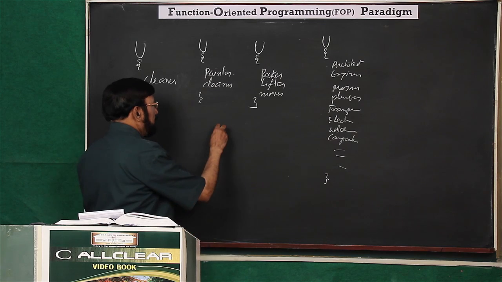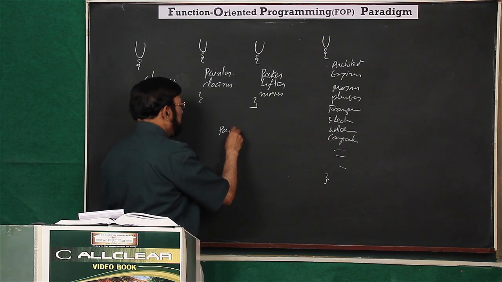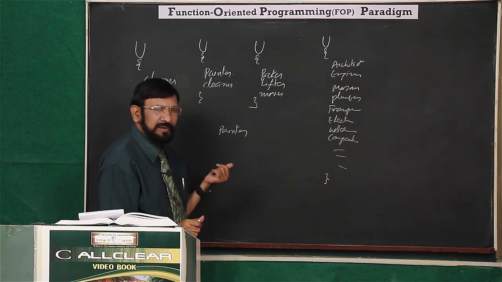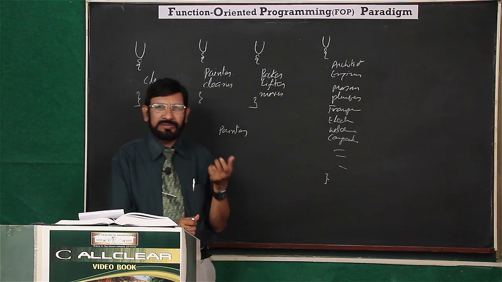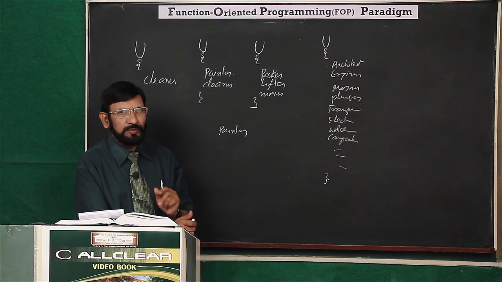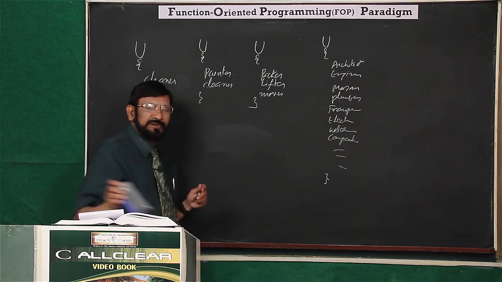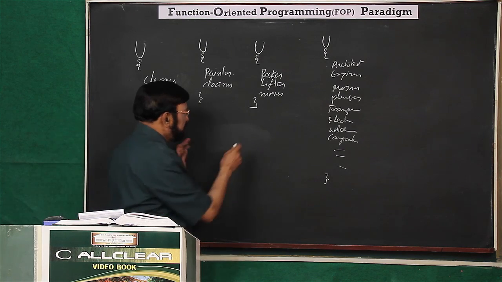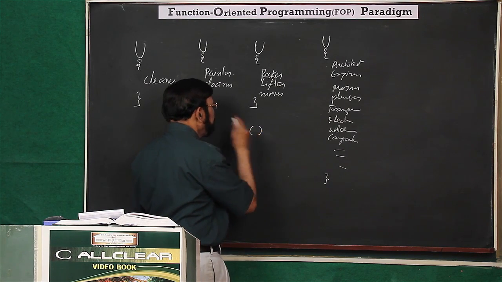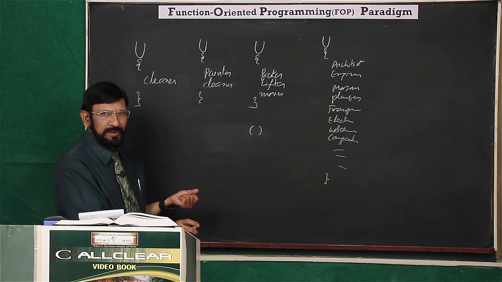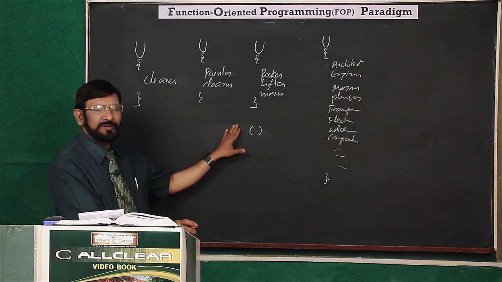Now you see, if I say painter, you can understand what he does. Carpenter, what he does. Architect, what he does. You know that. In the same way, in C, we have to write functions. A function is indicated by a symbol. Now, one identifier, one name you have to write. The name should represent what it is doing.